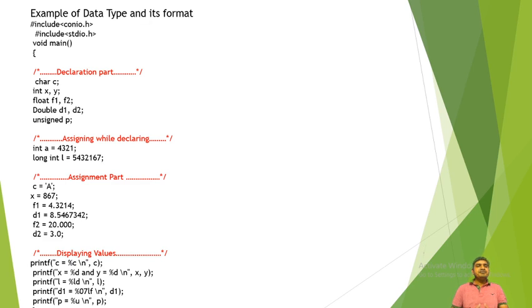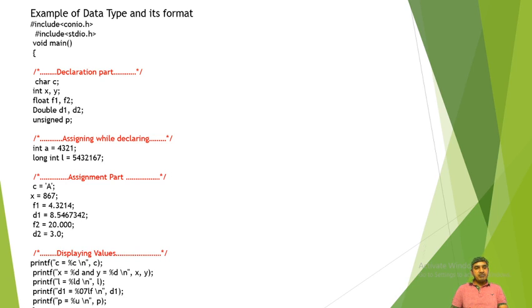It is of 8 bytes. Okay, \n for a new line, and comma d1, again the variable, terminated by a semicolon. Now printf, p is equal to %u \n. It is an unsigned integer, so we use %u, comma p.